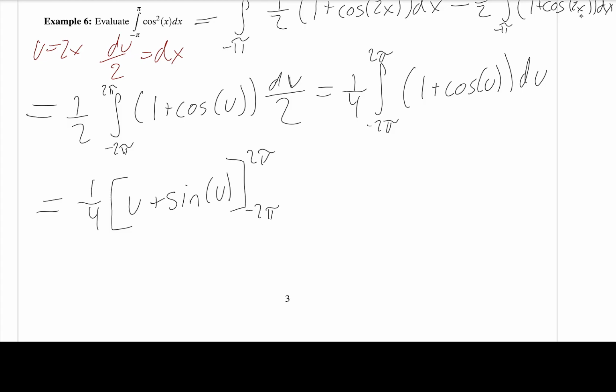So this becomes 1/4 times 2 pi plus sine of 2 pi, which is 0, minus, we'll have minus negative 2 pi, so it's plus 2 pi, minus sine of negative 2 pi, which is 0. So this is 1/4 of 4 pi, which will give us pi as our answer.